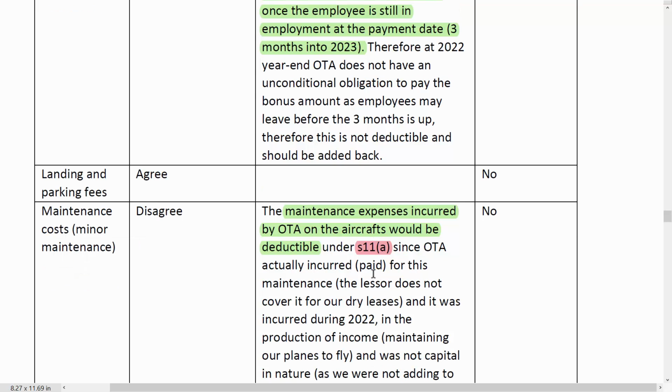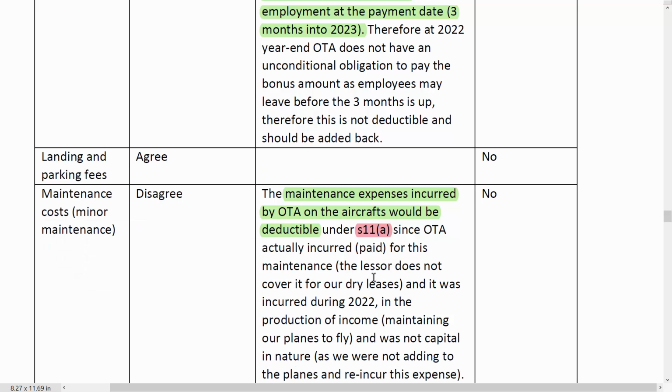On the maintenance costs, the candidate deals with the maintenance costs correctly and picks up the errors that Julio has made using the information on the day as well as the pre-release information. The candidate identifies that there are various components to maintenance. There are minor maintenance expenses.